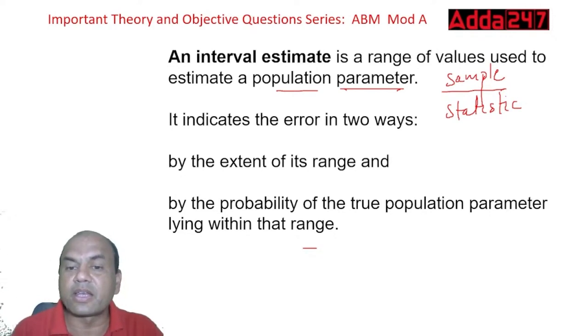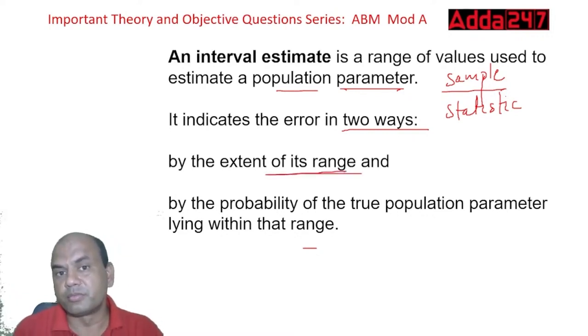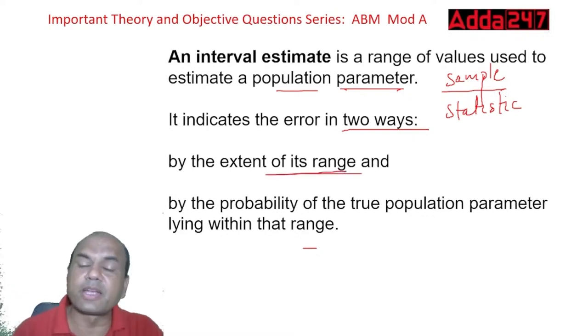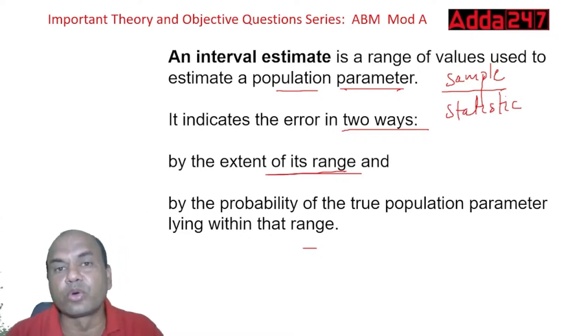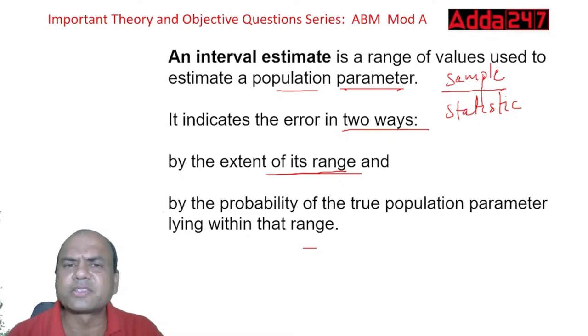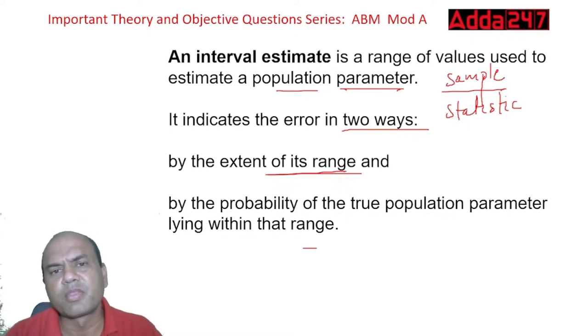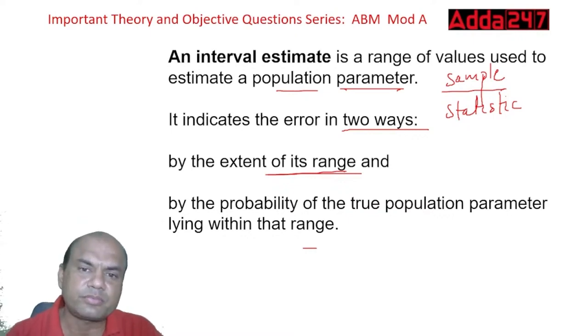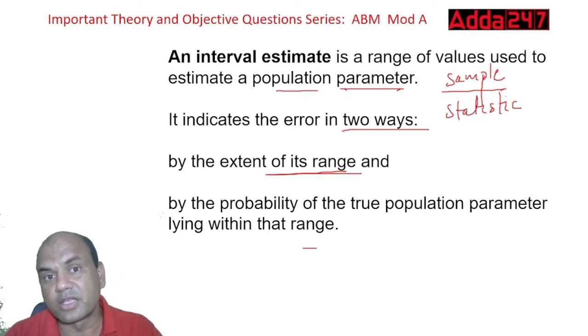It indicates the error in two ways. The extent of its range, meaning how far it can go. Suppose I ask you, let's say there are matches going on now. India is playing, and I ask you, in 20 overs, what will be India's score? Can you give me the exact score?